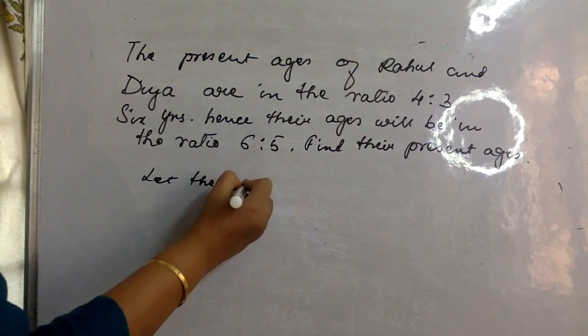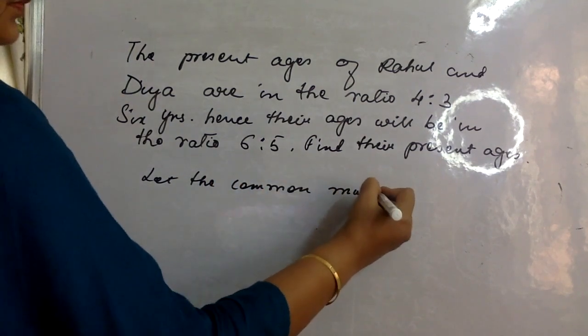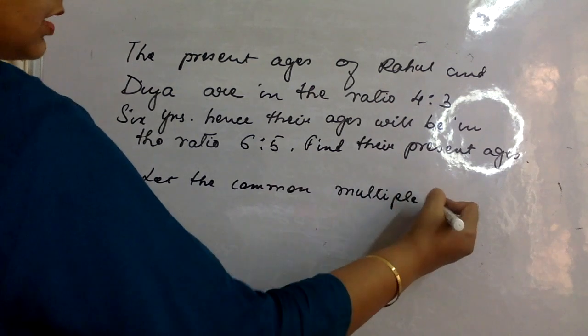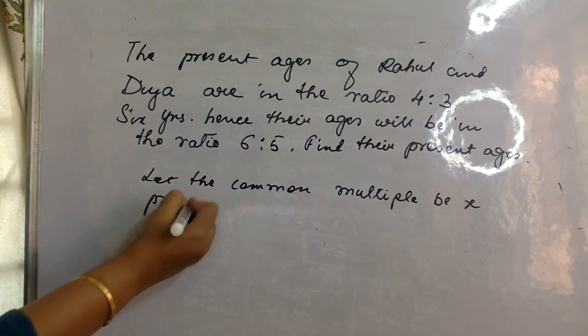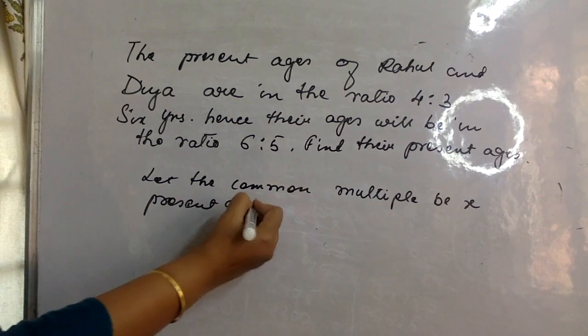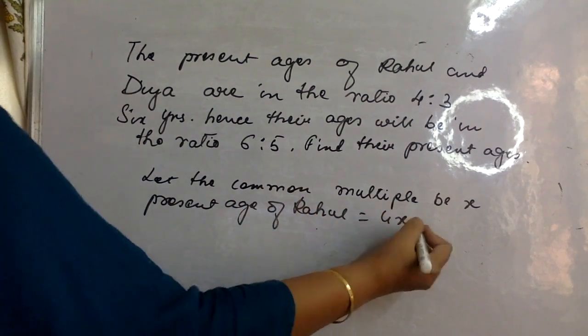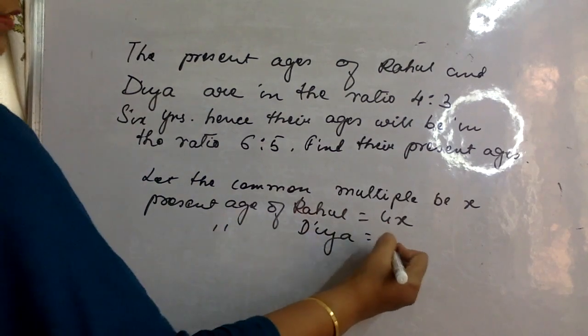You must write this line: let the common multiple be x. Then the present age of Rahul is 4x and the present age of Diya is 3x.